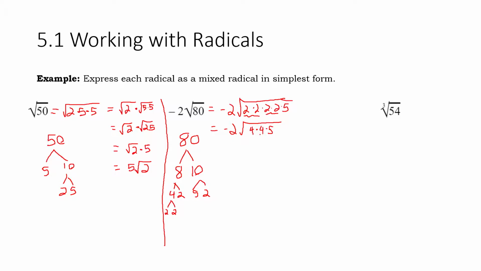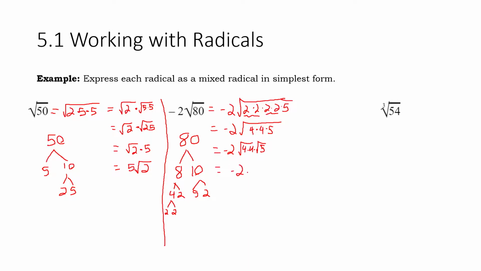Now we can take this 4 times 4, this perfect square, and we can separate it from the 5 and turn it into root 4 times 4 times root 5. This 4 times 4, we know that's going to be 16. The square root of 16 is just 4.